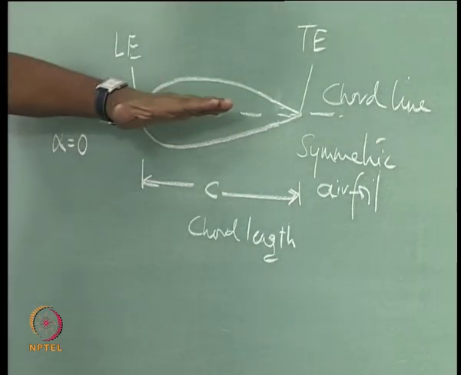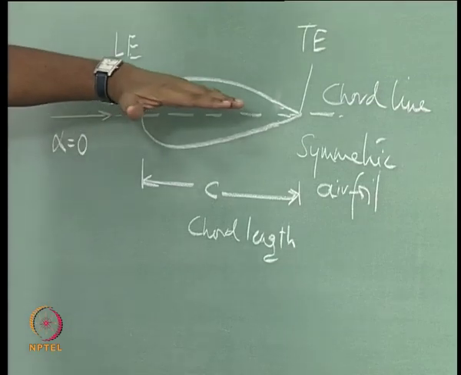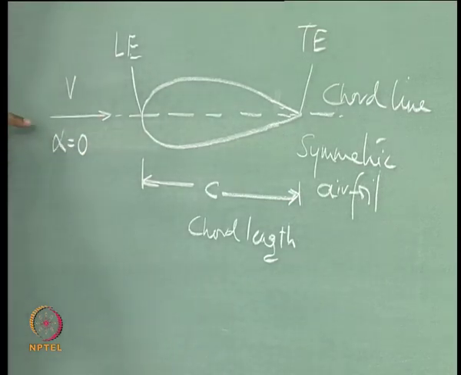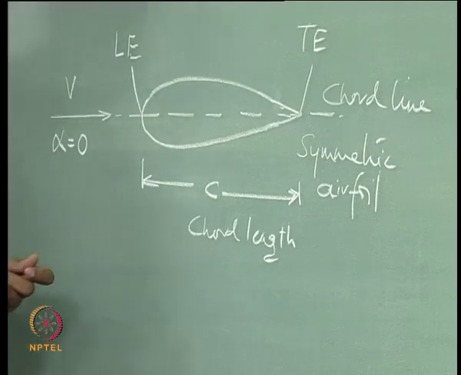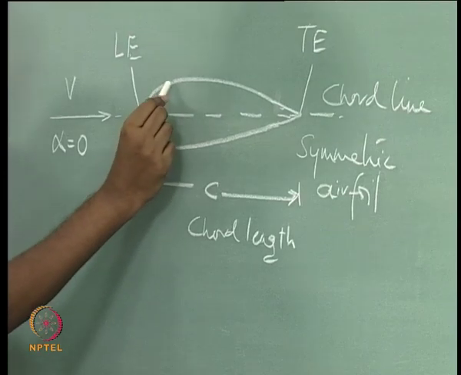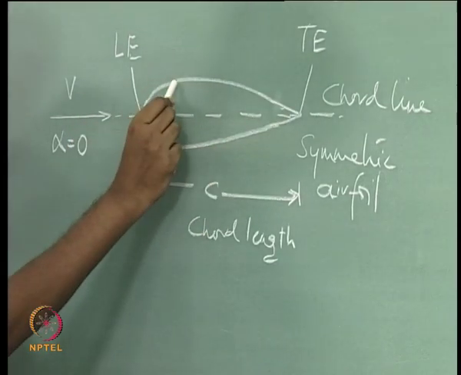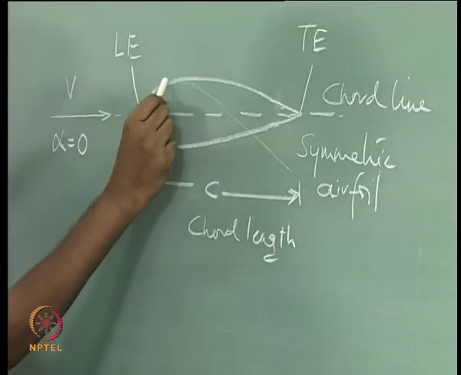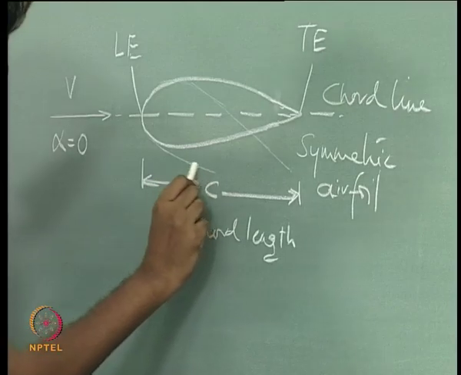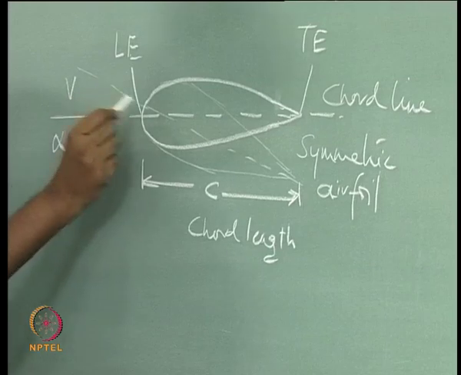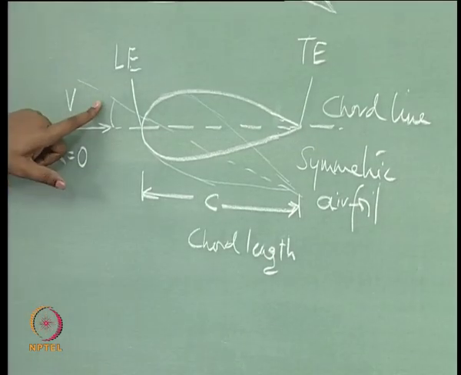When you change the orientation of this airfoil, so you can rotate this airfoil, and if this is the direction of velocity, then the angle of attack will change. So, for example, if the whole airfoil is rotated like this, then the angle of attack is this.